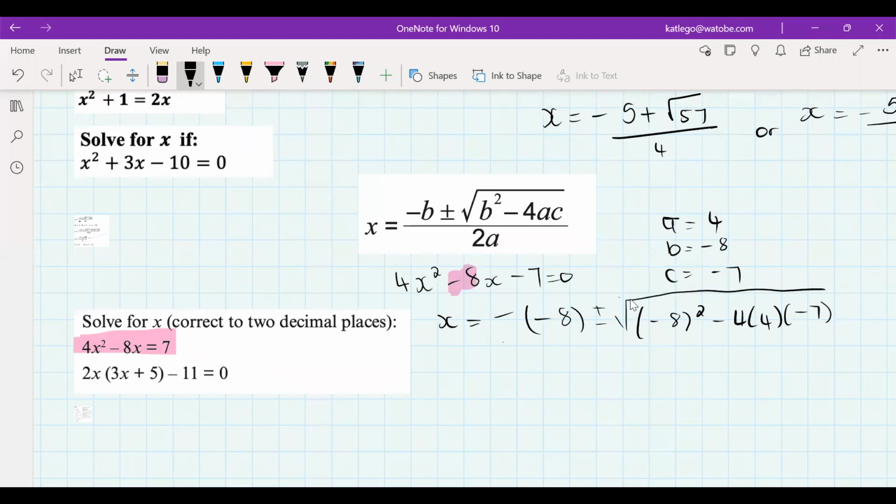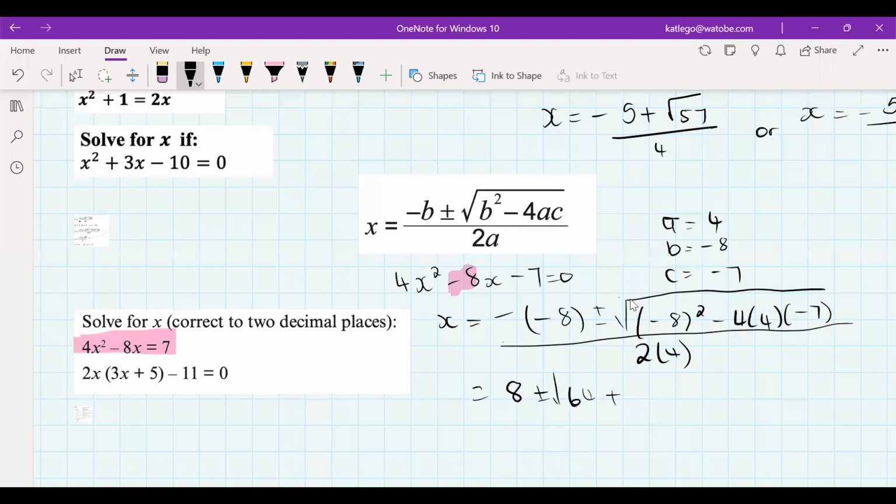Here we go. Then you do this over 2 times 4. Equals negative a negative 8 is a positive 8, plus or minus, that is 64. Negative and a negative is plus 7, 14, 28 times 4.